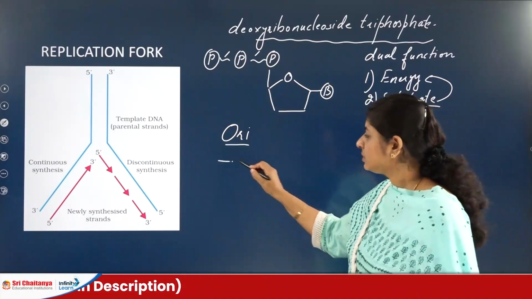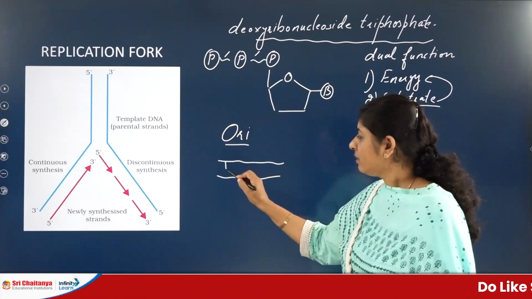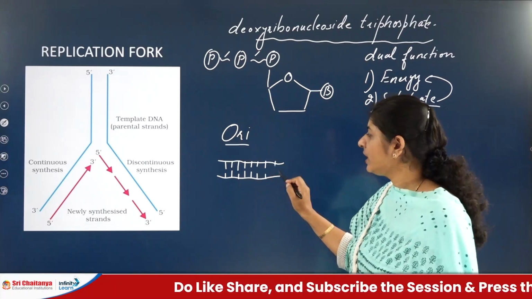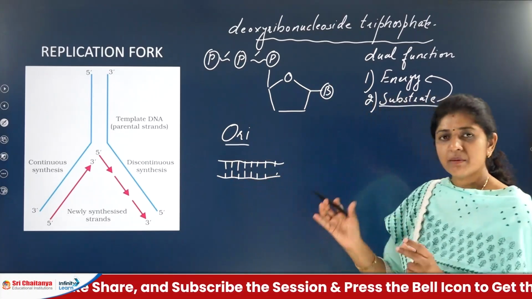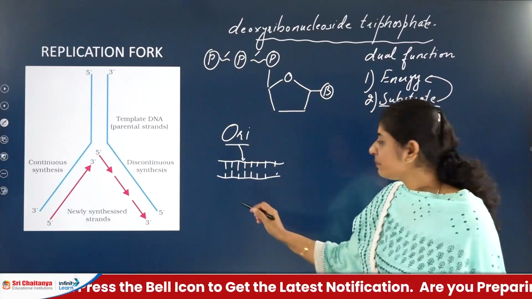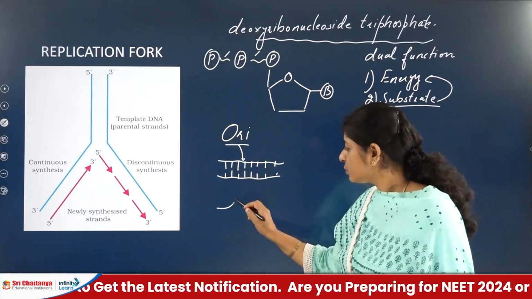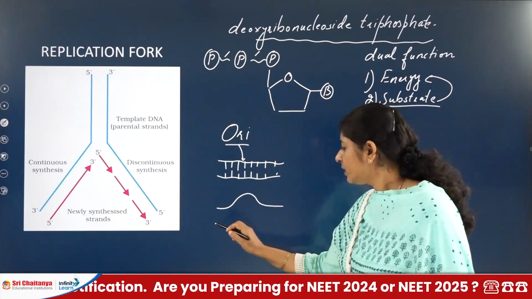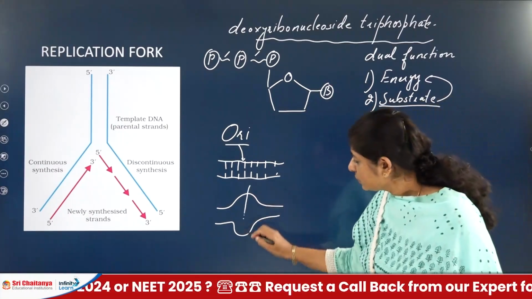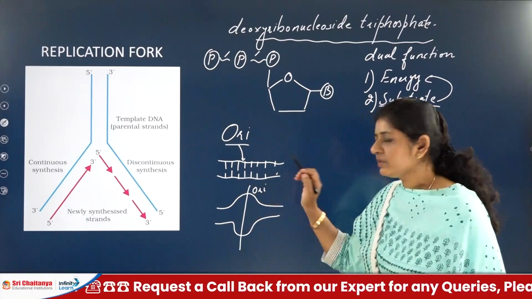Actually, suppose this is a double-stranded DNA which is having hydrogen bonds, right? This is a very big DNA. I am taking just a part. Suppose this is the ORI point here. What will happen? The hydrogen bonds first of all will be broken with the help of helicases, and this will be open like that. Can I call this point now as ORI point?